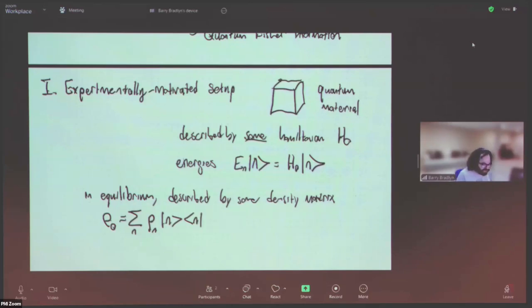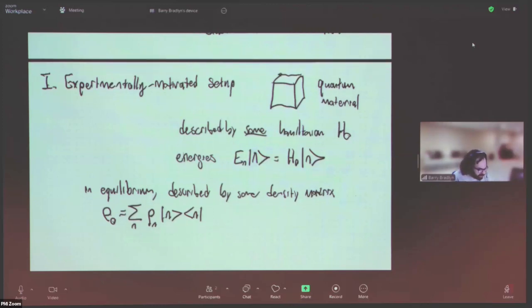This is the equilibrium density matrix in the sense that it's time independent. We're not going to have to assume much about the form of the density matrix, but in most cases in real life, these probabilities are determined by the temperature of the system. So usually, the probability of being in some state is proportional to some Boltzmann factor that depends on the energy of the state.